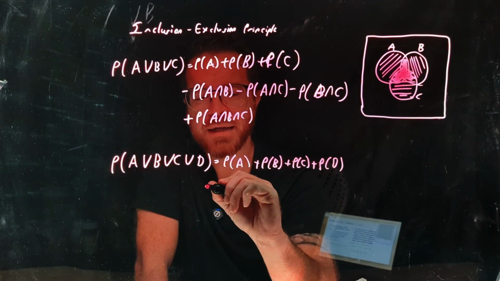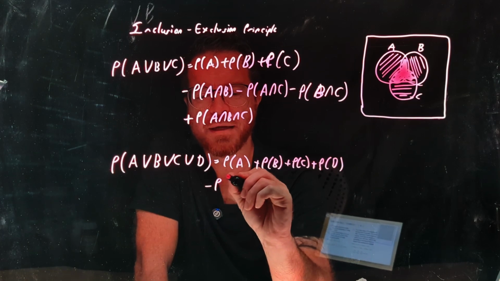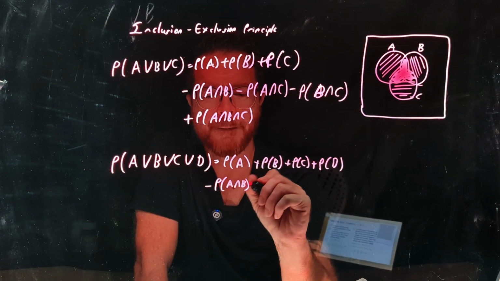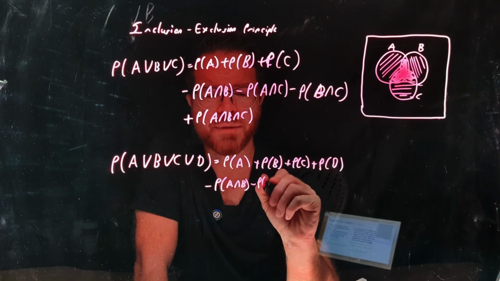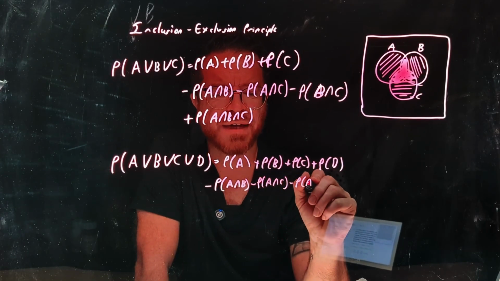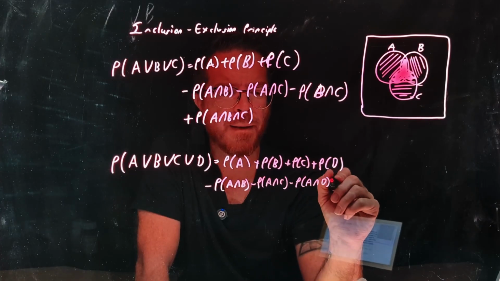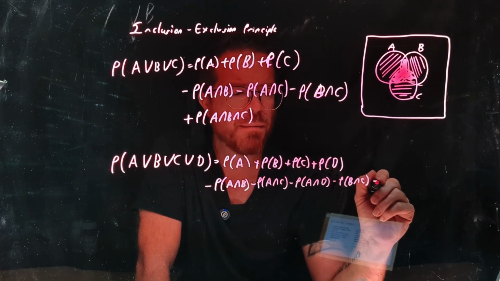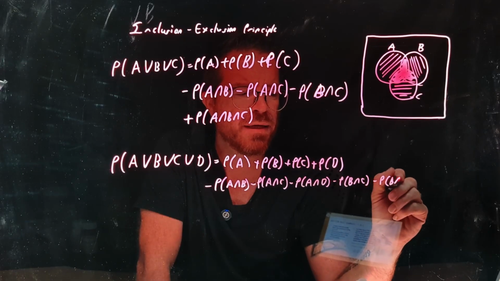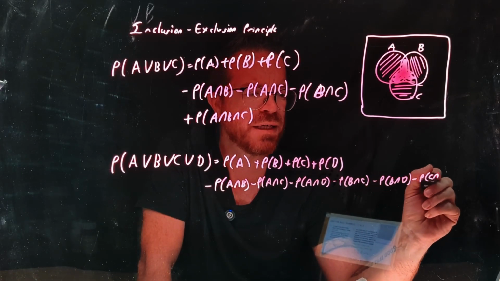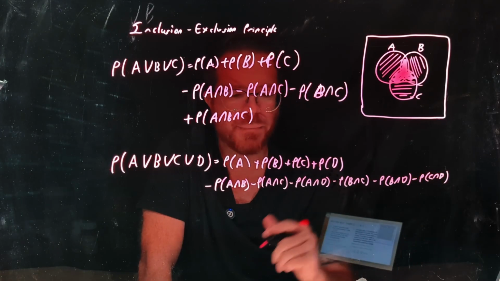Then you subtract the probability of all of the doubles. So A and B, minus the probability of A and C, minus the probability of A and D, minus the probability of B and C, minus the probability of B and D, minus the probability of C and D.